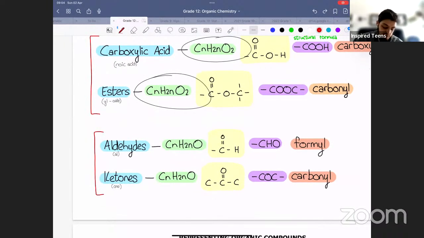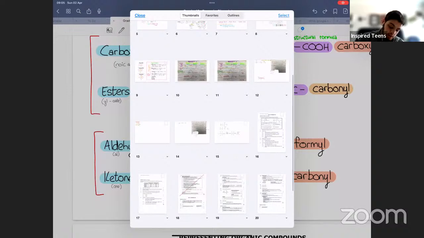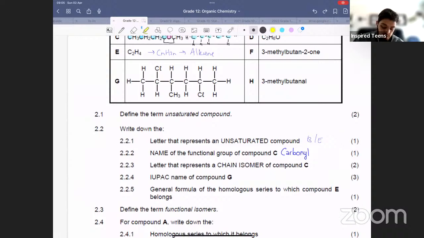Sorry, we said it was a ketone actually, not an aldehyde. An aldehyde is the one that has it on the edges. The ketone has the double bonded oxygen to the carbon in the middle somewhere. A ketone's functional group is known as a carbonyl. So that's what we said, ketone, and our answer is carbonyl because that's the functional group.